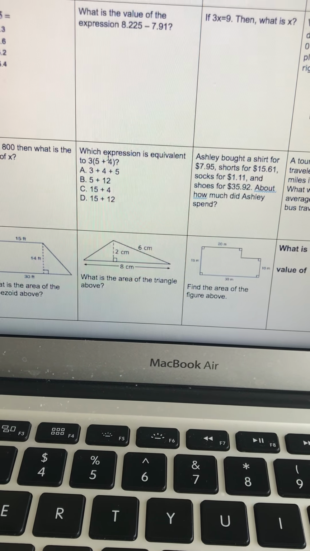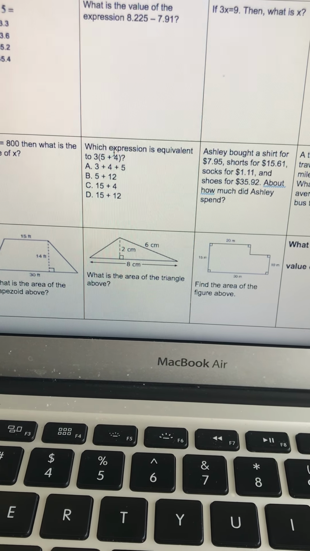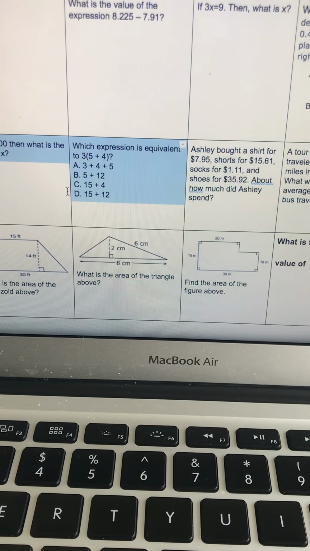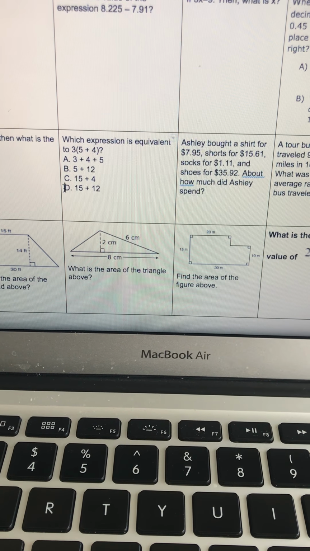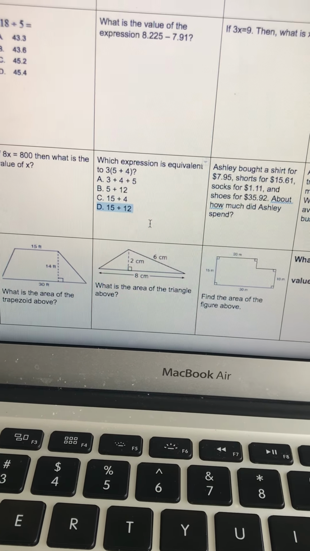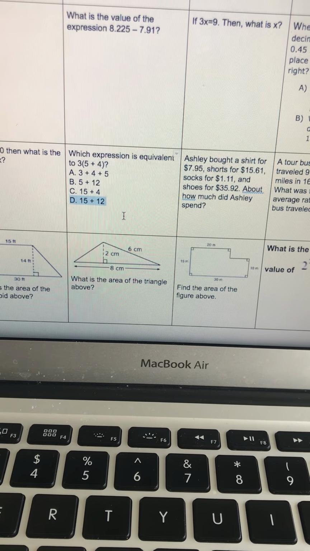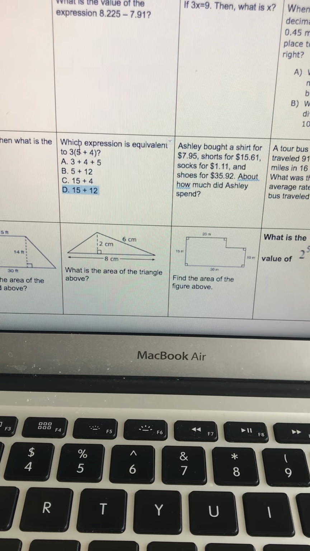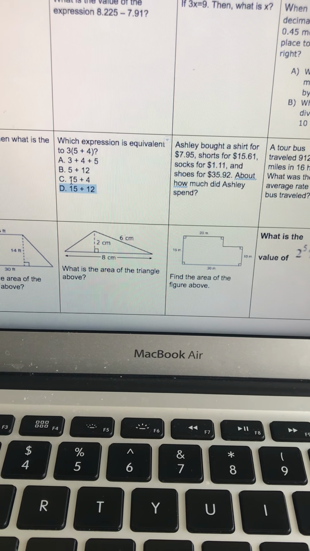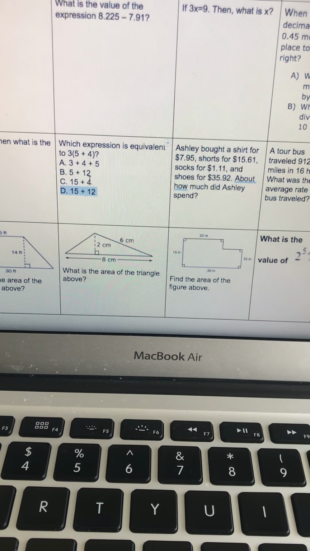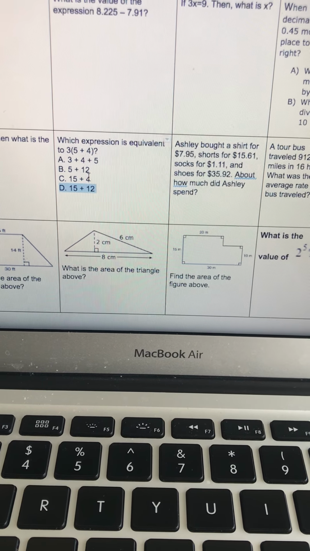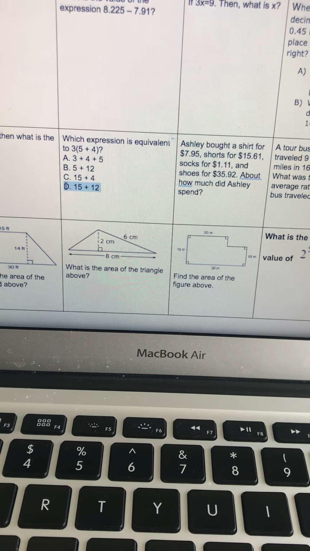So that would be the same as saying 15 plus 12. So the correct answer here would be D. Now let's look at the other answer choices. They distributed the 3 to the 5 here for C and got 15, but they forgot to do it to the 4. Again, another common mistake. It has to be distributed to both for it to be equal.